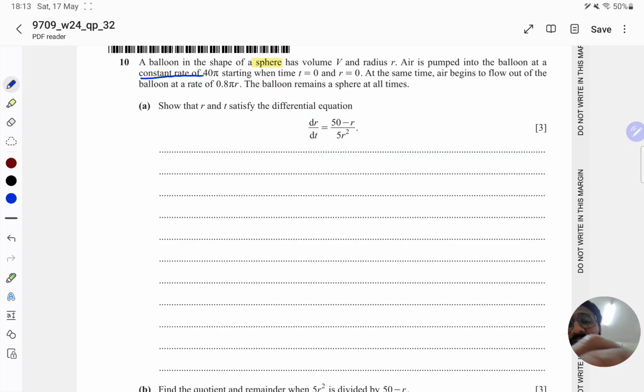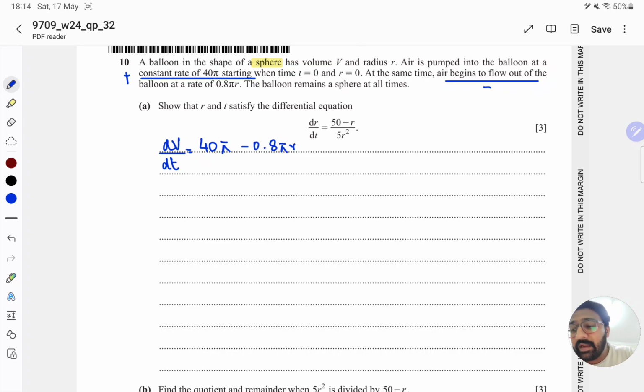So according to this information and this information together, it is basically telling you that the rate of change of volume, which is a constant rate, is flowing in, so this is positive and this is negative, so this will be 40 pi minus 0.8 pi r. And after that, he also says that we need to show that dr over dt is this. The balloon remains a sphere all the time.